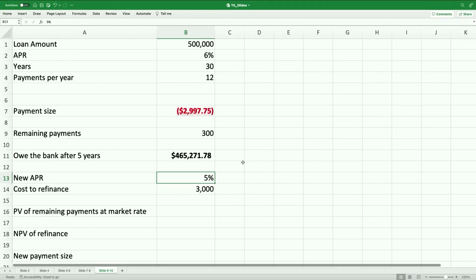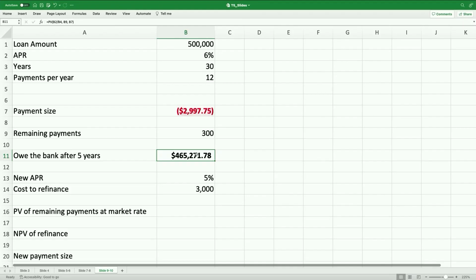What it means is, suppose you had locked in with Wells Fargo. You have this 6% loan with Wells Fargo. And 5 years later, you look over and Bank of America has a rate of 5%. Refinancing means you're going to borrow $465,000 from Bank of America and pay off Wells Fargo.